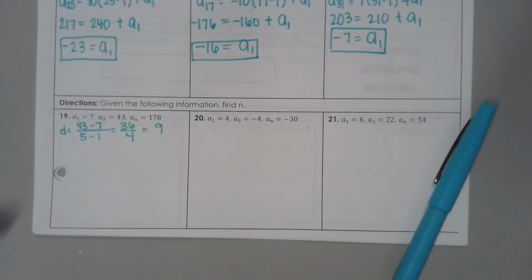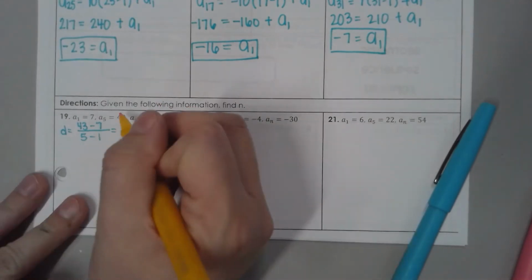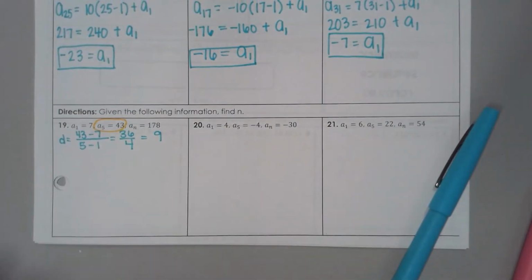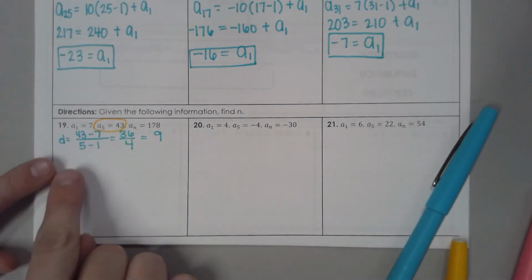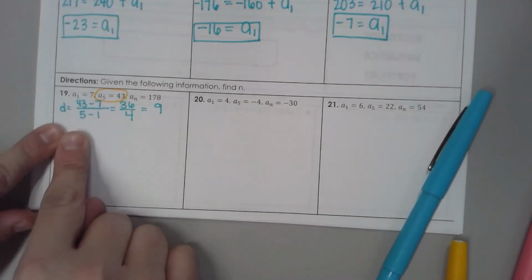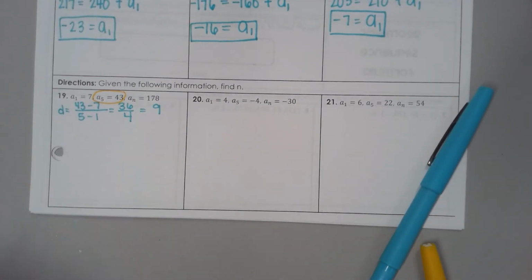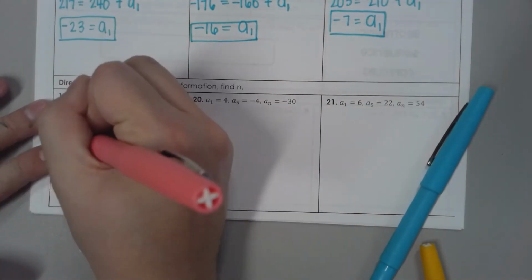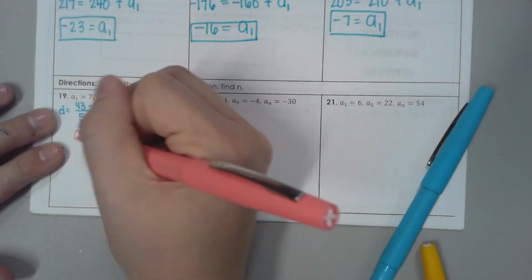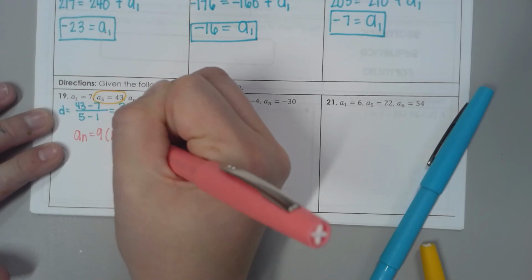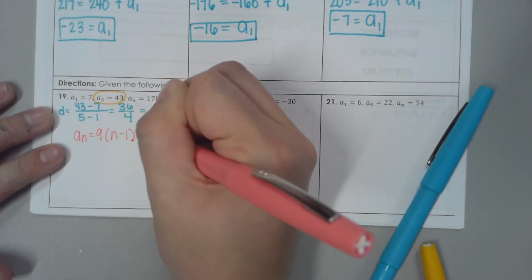Once you have found that, I don't really need this anymore. That was really just there to help me find the common difference. So I can fill in all of the pieces of information that I know into the formula. So I know AN equals 9, n minus 1 plus 7.